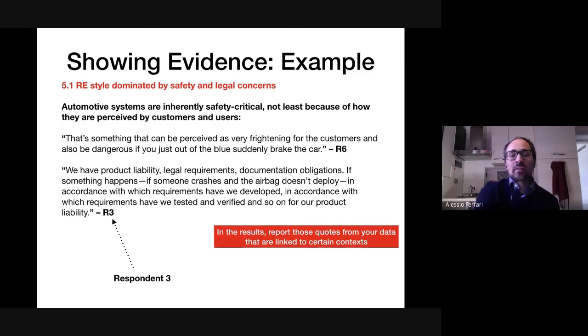So here we have a person, for example the third respondent, the third person interviewed, who says, we have product liability, legal requirements, documentation obligations. This is focusing on the legal and safety aspects of their current process. Okay.